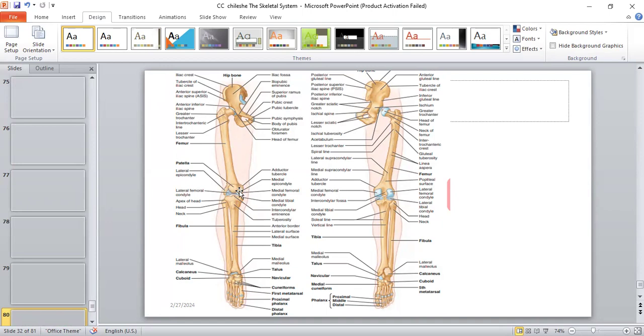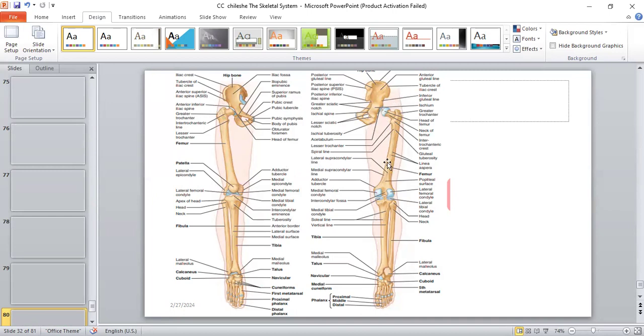So at the bottom, you have the condyles. When you look at it from the back, it's even better to see the condyles. This one is a condyle and this one is a condyle. When you look at this human being, this person is facing away. This one is the posterior aspect and this one is the anterior aspect.